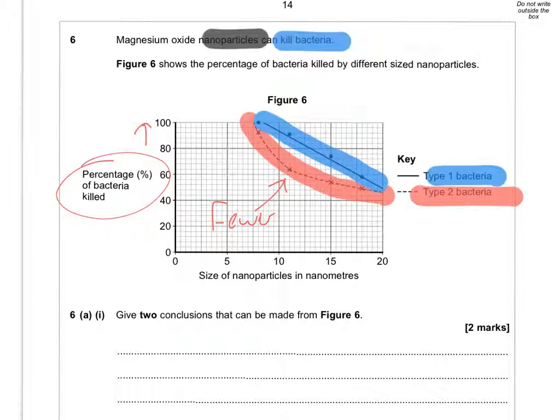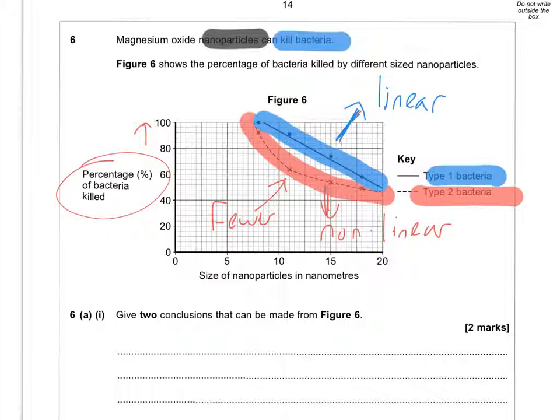And then I'd compare probably the shape of those two lines. So we can say type 1 is what we call linear. Okay, and type 2 is non-linear.